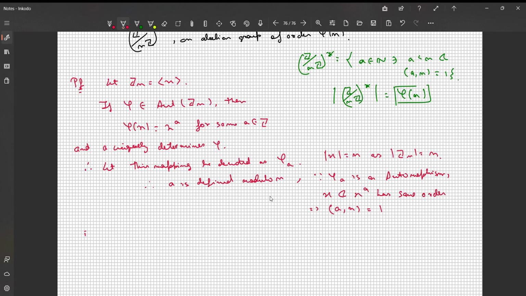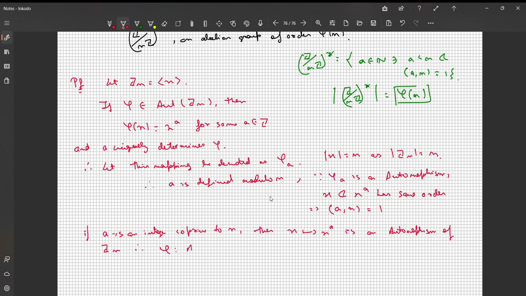Now conversely, if a is an integer co-prime to n, then x getting mapped to x to the power a is again an automorphism of Zn.